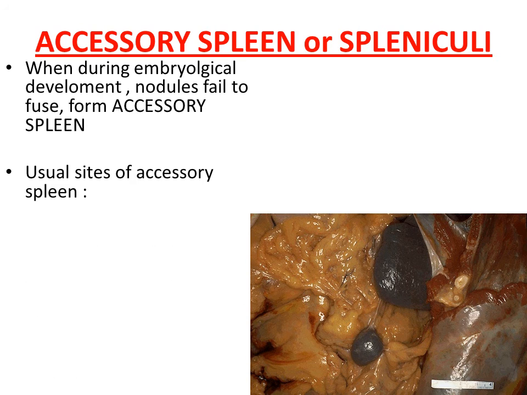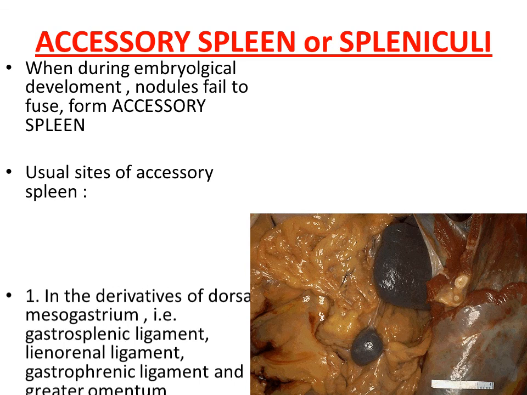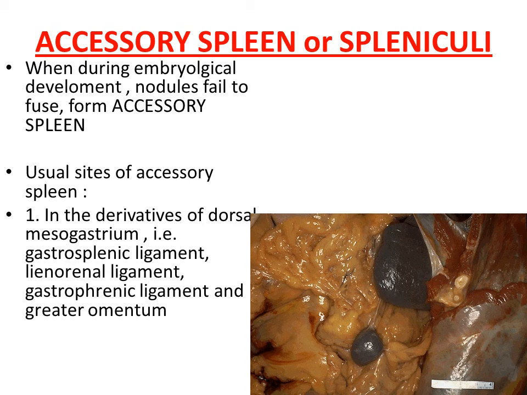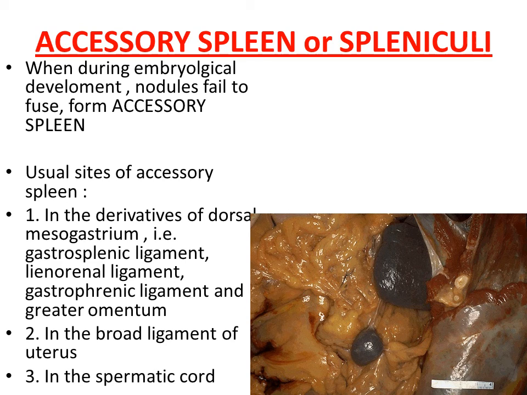Usual sites of accessory spleen are, first, in the derivatives of dorsal mesogastrium, that is gastrosplenic ligament, lienorenal ligament, gastrophrenic ligament and greater omentum. Then second, it can be present in the broad ligament of uterus. Then third, it can be present in the spermatic cord. They are the usual sites of the accessory spleen, and they can also be present at the hilum of the spleen, right?